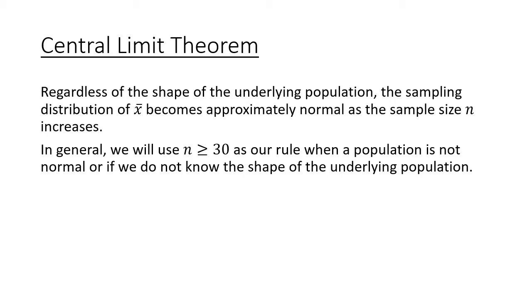So the nice part is this works no matter how skewed the data set is. So if our data set is skewed, or if we don't know what the shape of our data set is because we haven't done our statistical analysis yet, as long as we're sampling at least 30 things at a time, it has to become approximately normal. And we're going to see why that's really important in just a minute when we actually do some statistical analysis.